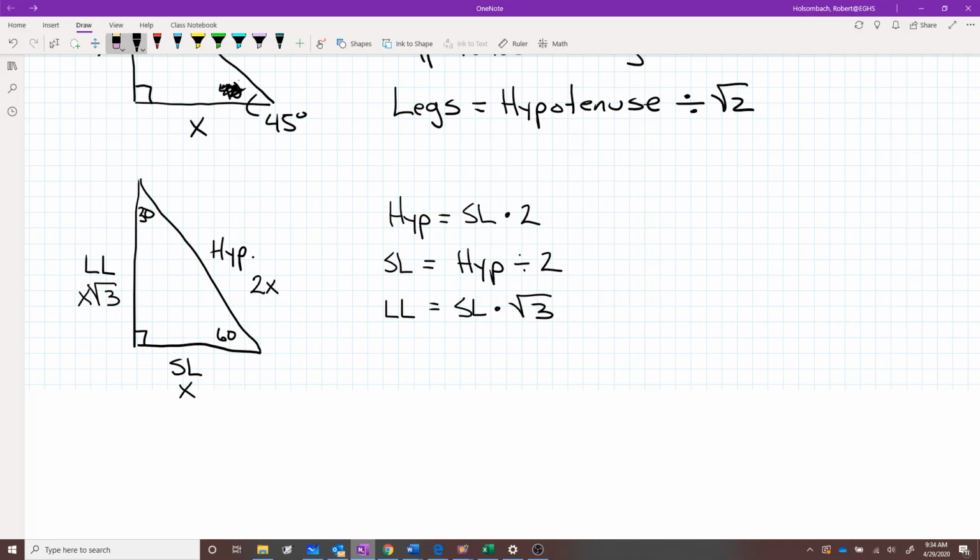And the other way you can find the short leg is, the short leg is also equal to the long leg divided by the square root of 3. And those are your rules related to a 30, 60, 90 special right triangle. So I'm going to do a few problems now using those rules, and then I'm going to give you some practice problems to do for today.